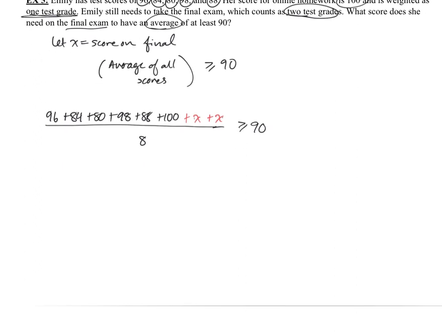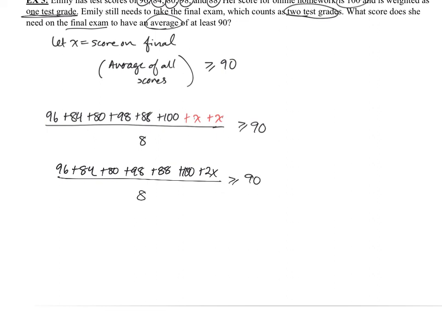Now let's simplify this. I'm going to add those x's together. So we have 96 plus 84 plus 80 plus 98 plus 88 plus 100 plus 2x, all over 8, is greater than or equal to 90.